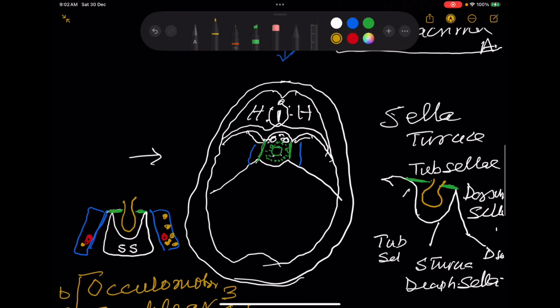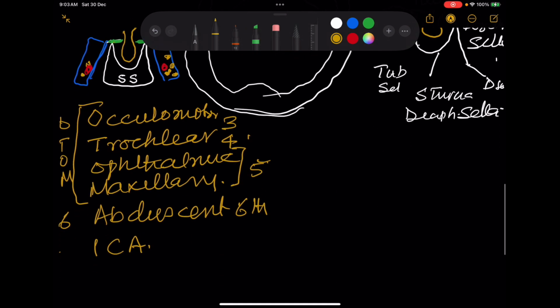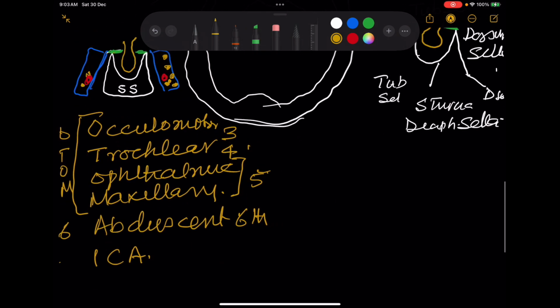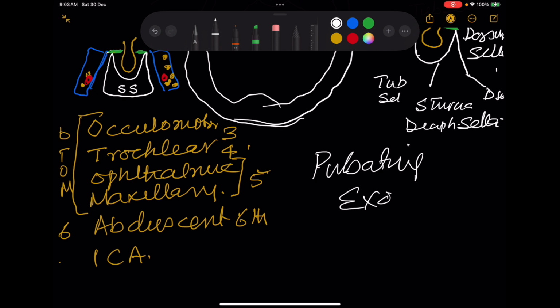The applied anatomy is that if the carotid artery ruptures into the cavernous sinus, the cavernous sinus gives superior and inferior ophthalmic veins into the orbit. Therefore, the pulsations of the internal carotid artery can be seen in the eye, and that is called pulsating exophthalmos.